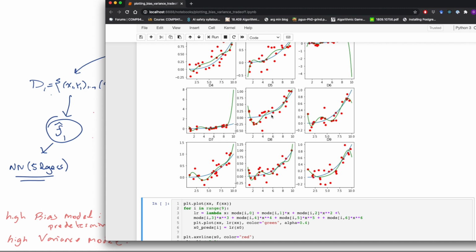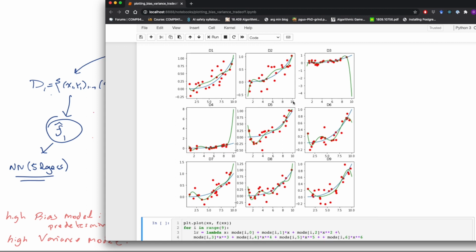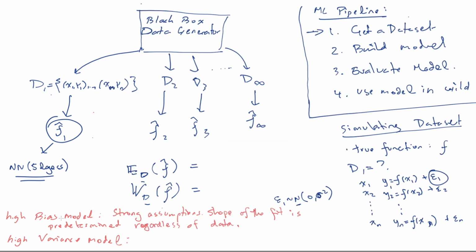But look how different the green functions are in different data sets. They're extremely different, and that means we're going to have really high variance for this model. One way to think about a high variance model is how much error we get due to fitting randomness.